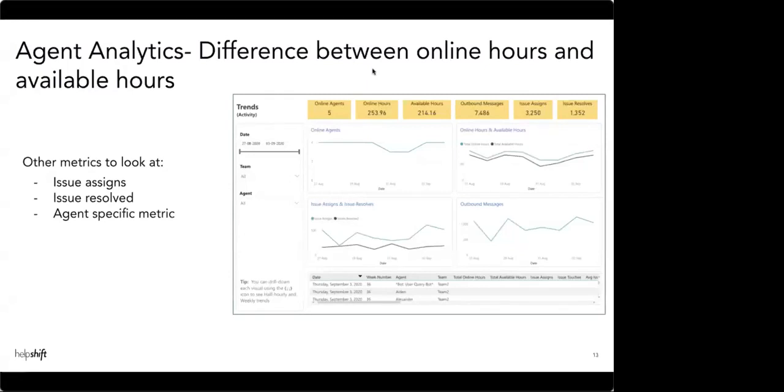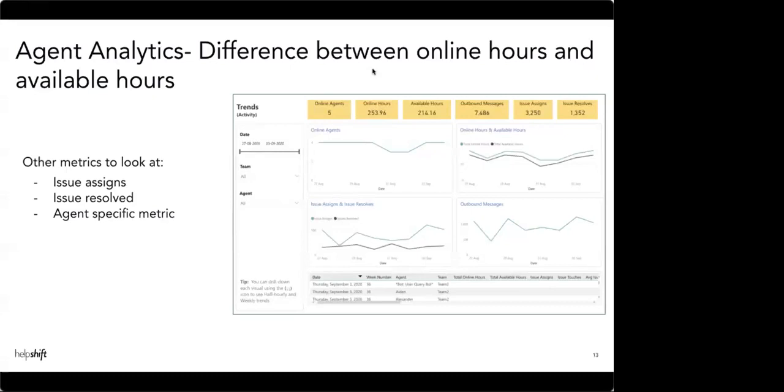Online presence is defined as when the agent is just logged into their Helpshift dashboard, whereas availability is determined by a combination of your auto assignment settings and your agent availability settings. In simple terms, an agent is considered to be available when they turn on the toggle option in their Helpshift dashboard and when the issues start getting auto-assigned to them based on their availability.